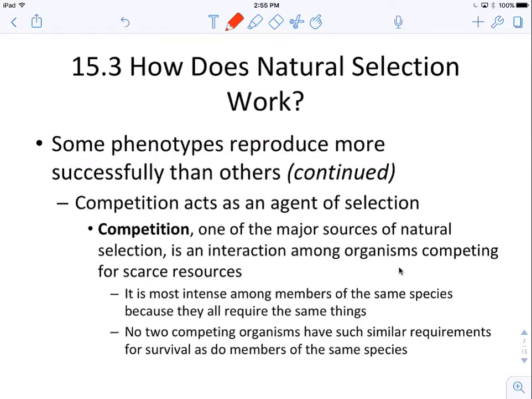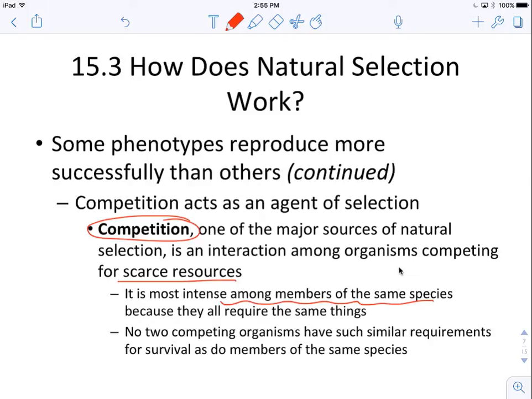Some phenotypes are more successful than others, and one thing that acts as an agent for selection of a certain phenotype is competition. Competition is interaction among organisms competing for the same resources, for scarce resources. Competition is most intense among members of the same species because they all require the same thing.